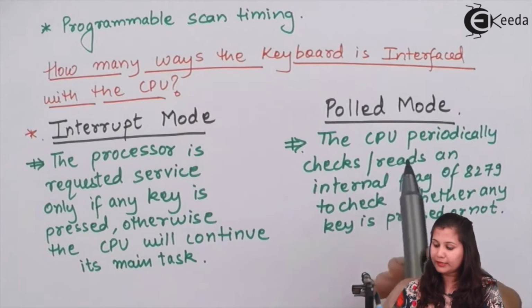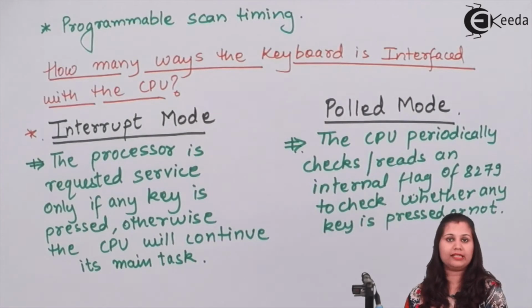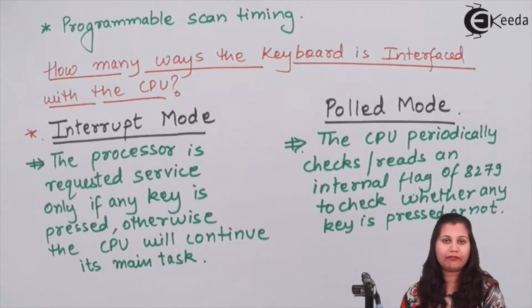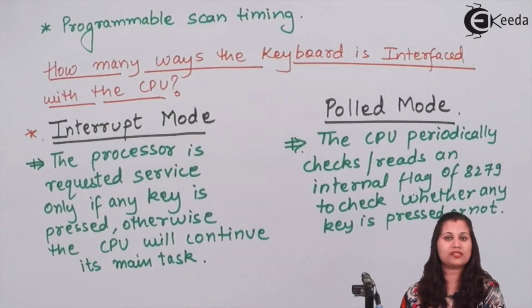If the internal flag is not set, the key is not pressed, and if it is set, the key is pressed. It is not necessary that the key is pressed every time. It may or may not be pressed. The CPU is just checking periodically, at certain intervals of time.